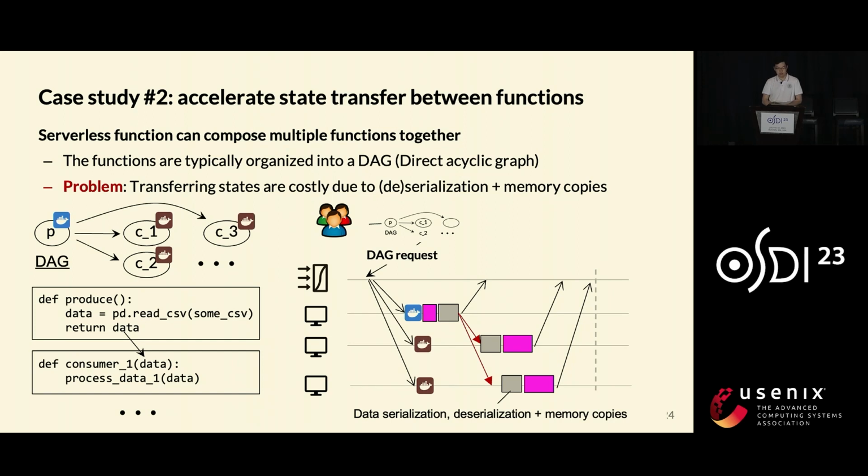The current issue with serverless workflows is the slow transfer of states between functions. This is due to the fact that transferring states requires serialization and deserialization, which is a slow and computationally expensive process. Serialization and deserialization is necessary because different functions are isolated in different containers, and their address spaces are different.